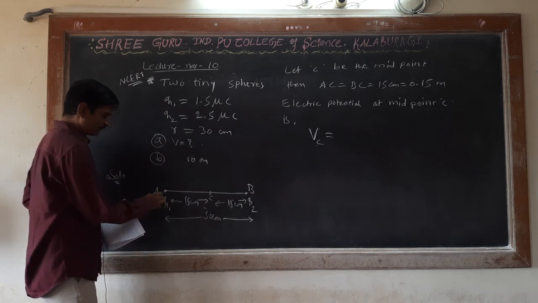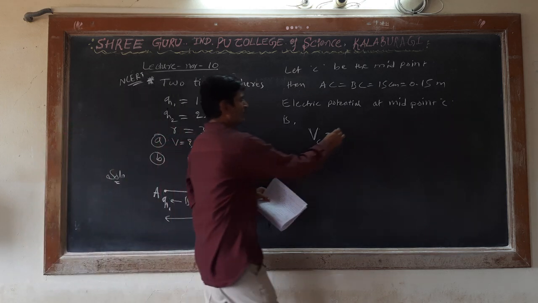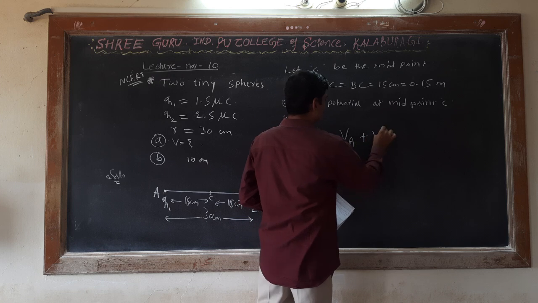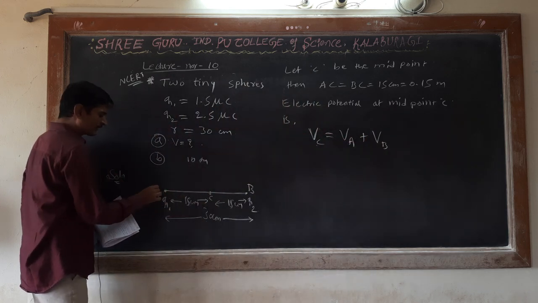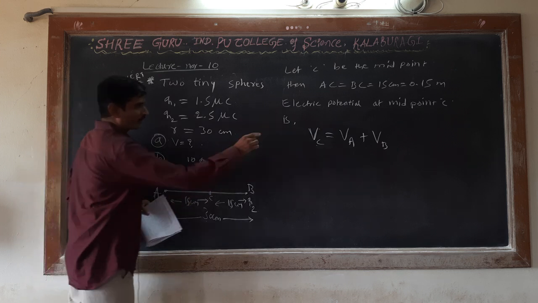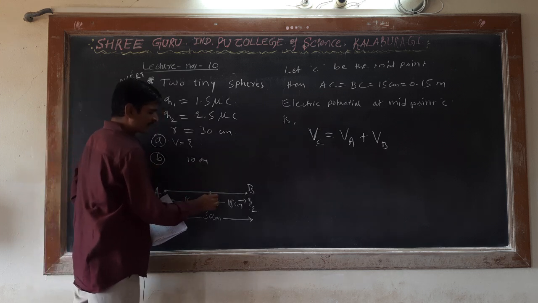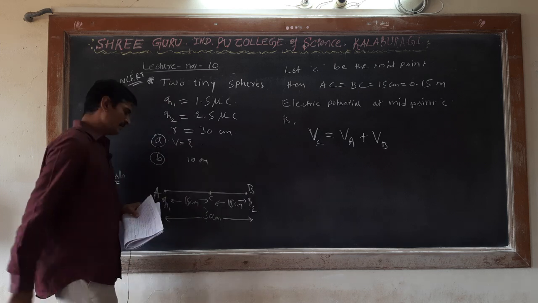Simple. That is VA plus VB. What is VA? Electric potential at the point C due to the charge at A. What is VB? Electric potential at the point C due to the charge at B.